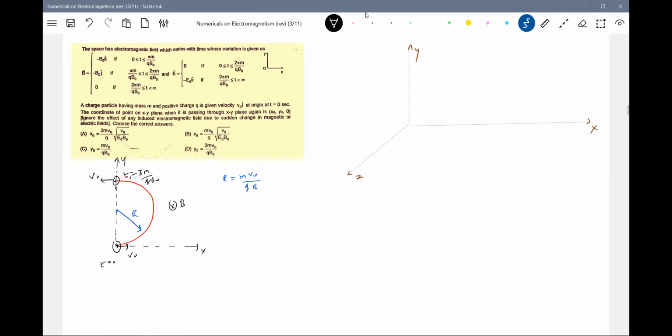Now bring the B bar along the negative y-axis. With velocity and B bar, the particle will experience force along the positive z-axis.